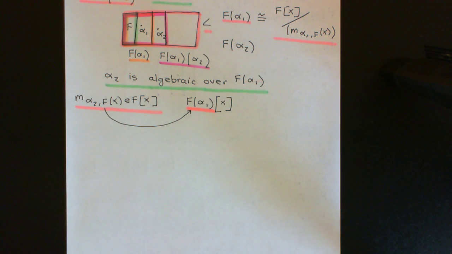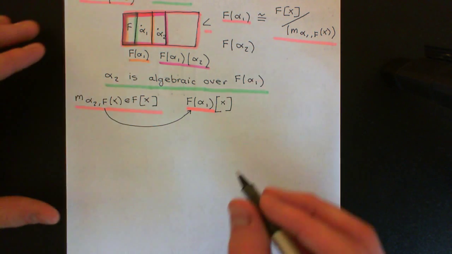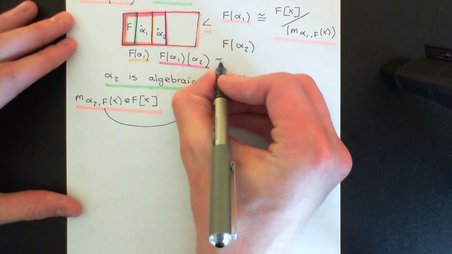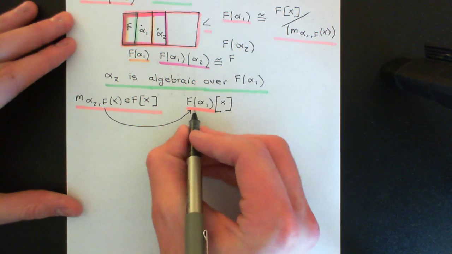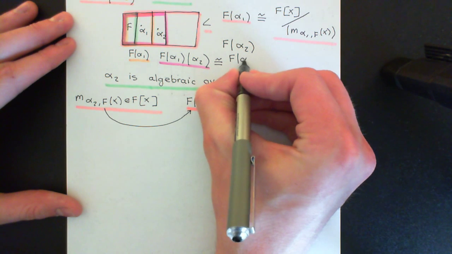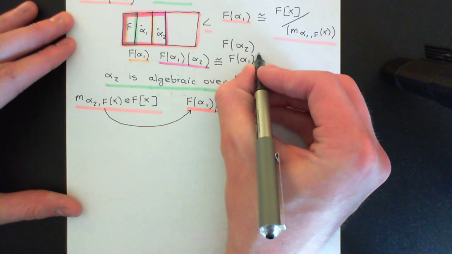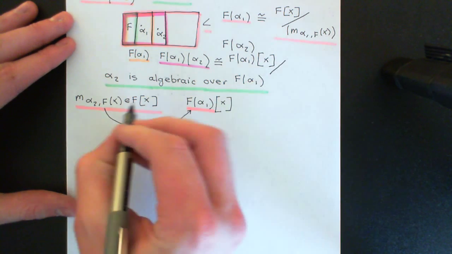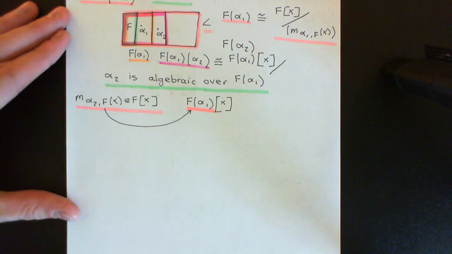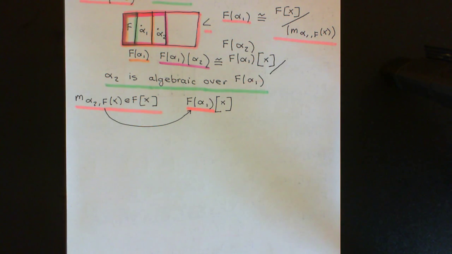Now, what's it going to be isomorphic to? Well, you might be tempted to say that it will be isomorphic to the ring of polynomials over the field extension of F generated by alpha 1 here, quotiented out by this minimal polynomial, but that would be the incorrect thing to quotient out by.